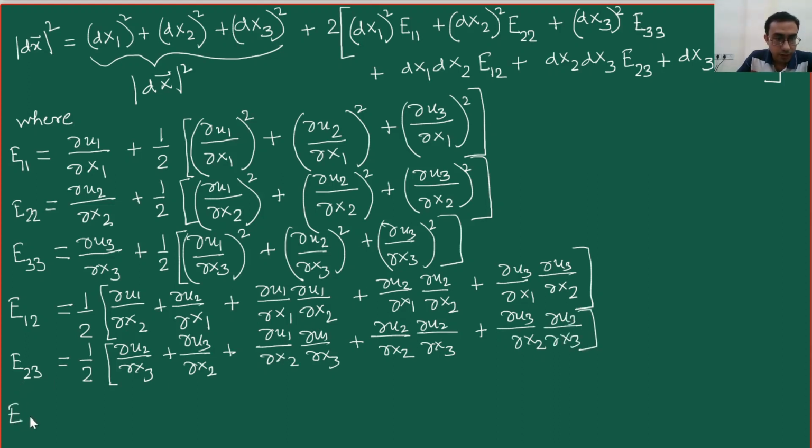And finally for E31, we have del u3 del x1 plus del u1 del x3 plus the rest of the terms as before.